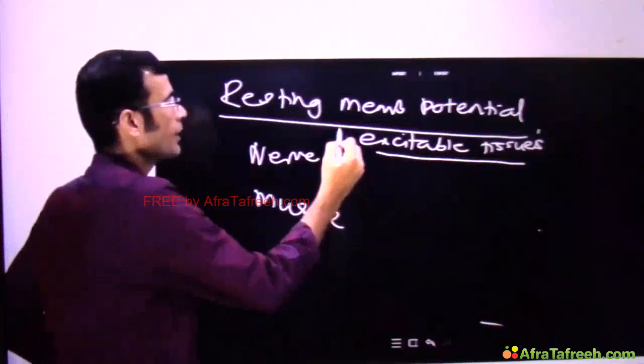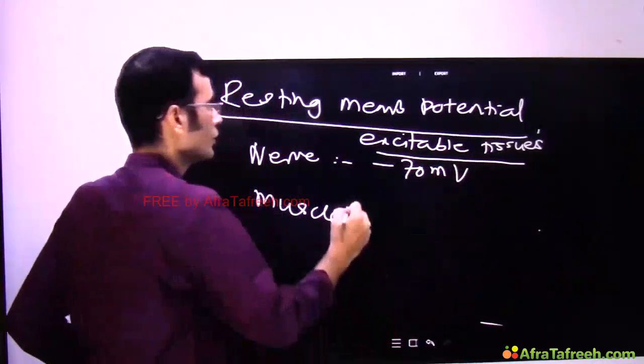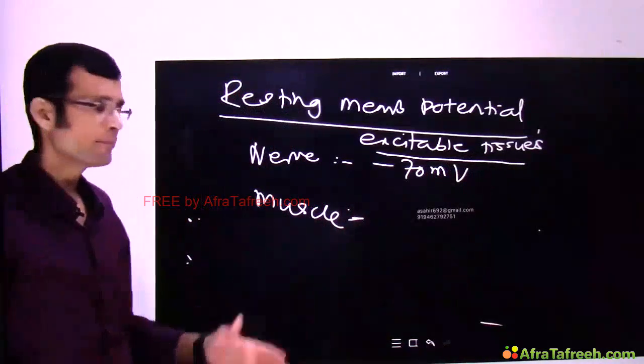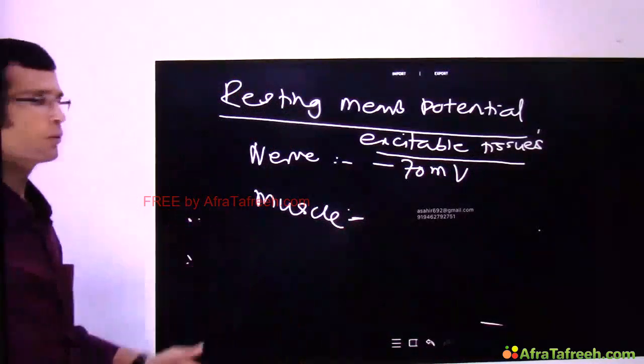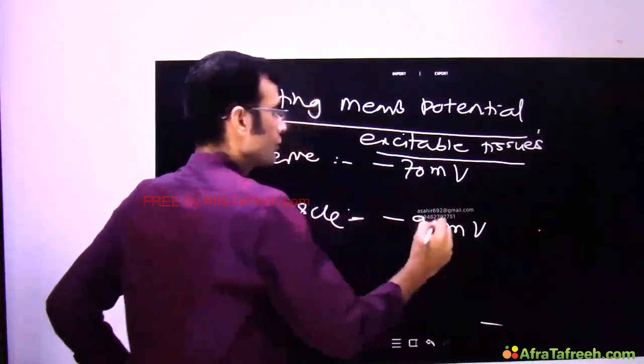So resting membrane potential for a nerve is -70 millivolts. Resting membrane potential for a skeletal muscle, we are taking skeletal muscle over here, it is -90 millivolts.